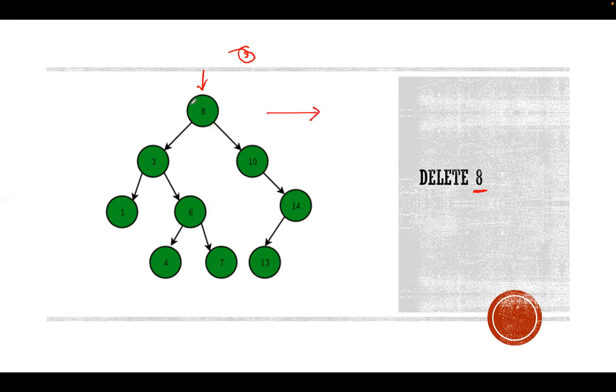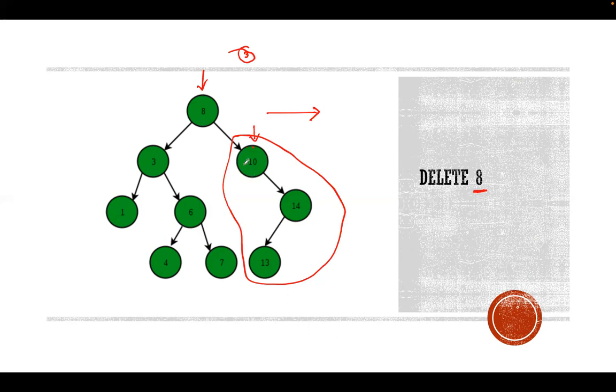So for node 8, we are going to find the in-order successor, or the smallest node in the right subtree. 8 has this right subtree, and how do we find the smallest node in it?